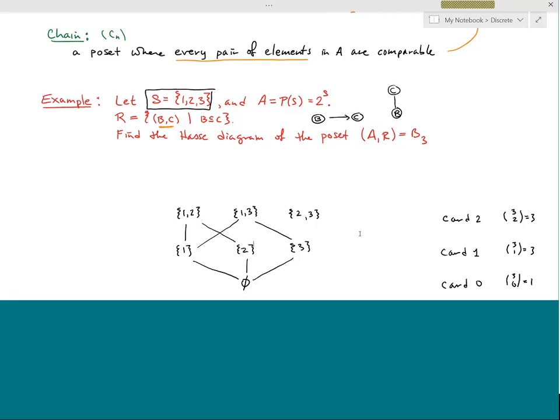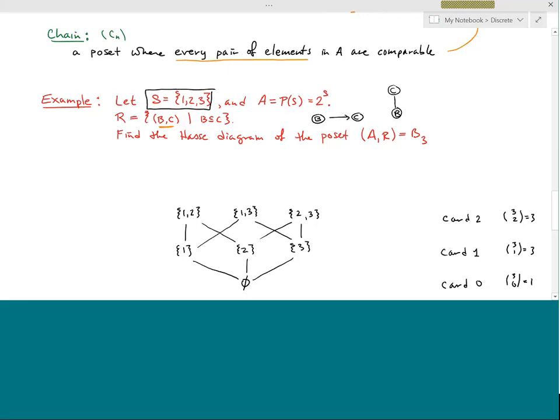Yep, we're going to connect it both to the one element subsets {3} and {2}. And just like before, we're not going to connect the subset {2, 3} all the way back to the empty set, because if we did, that would be a transitive edge. Okay? So that takes care of building ourselves up to cardinality 2 subsets.